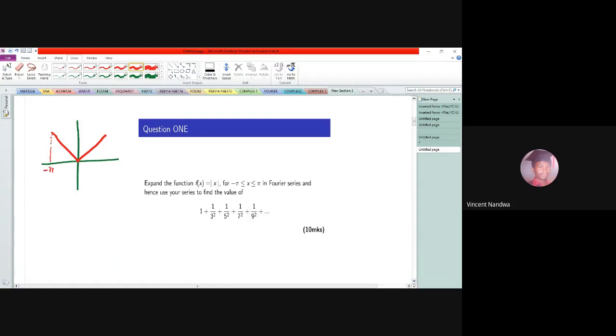So this is minus pi, and then this is positive pi. And we know that this function is an even function.